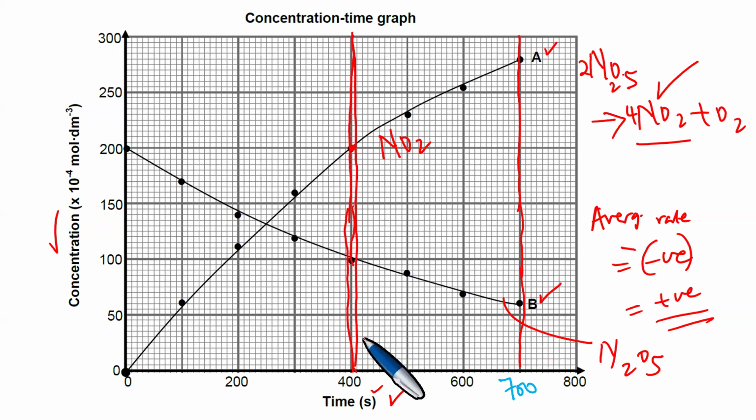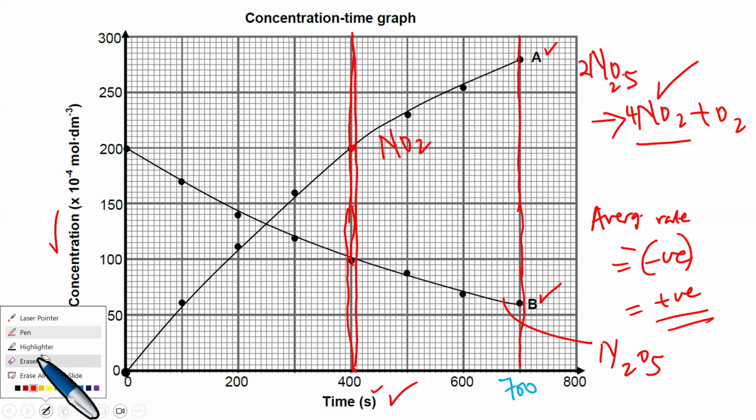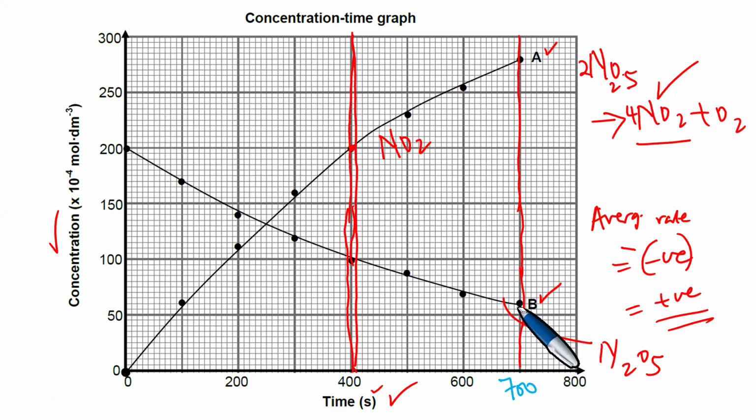But moreover, what is the slope at 700 seconds? Let's take a look. At 700 seconds, we are able to see a couple of things. This is 50, so we need to read this one. The time is 700 for graph B, but we can use any of the graphs because this is a chemical reaction, so the rates compare for the products and the reactants.